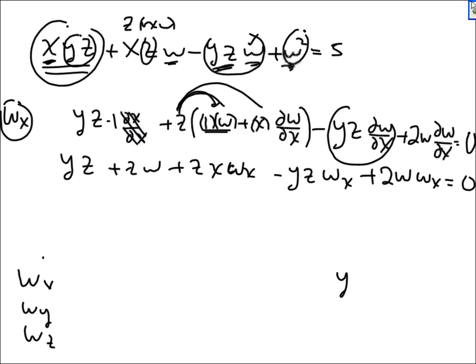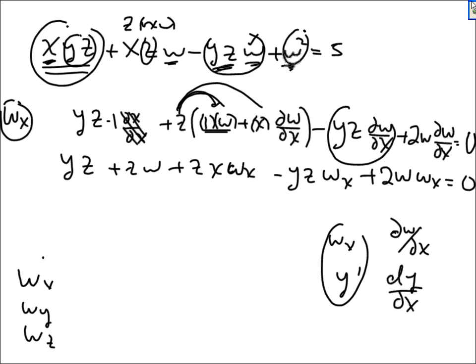It's like writing y prime or dy dx. w sub x is like the y prime, and the partial w with respect to x is like the dy dx. It's just notation. You need to get that down.